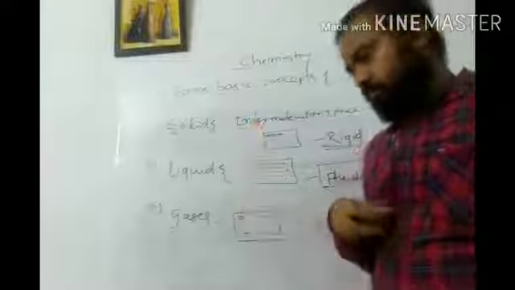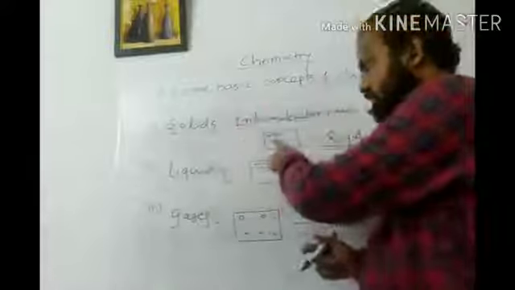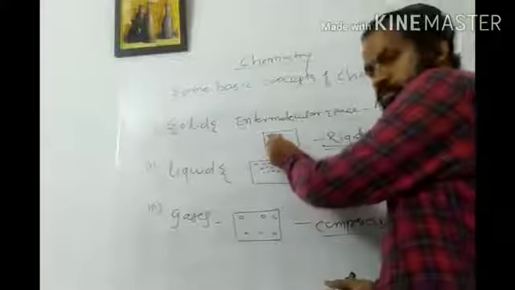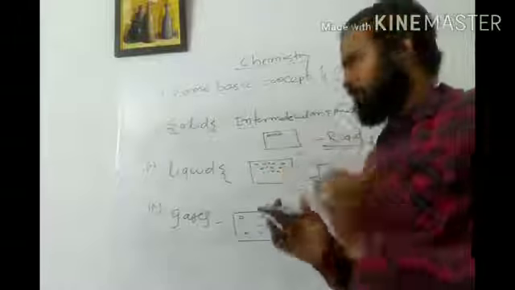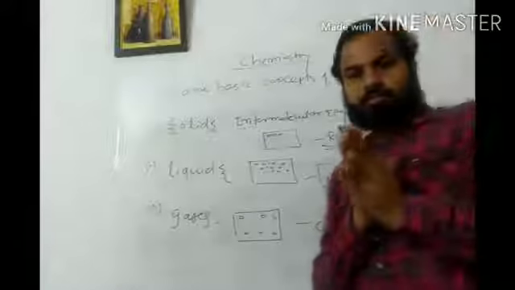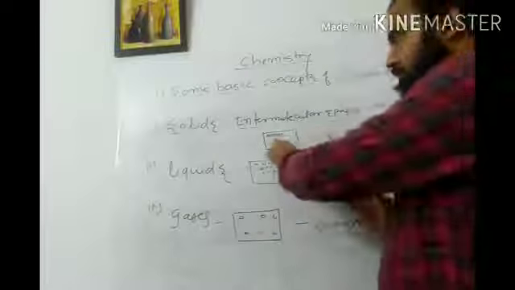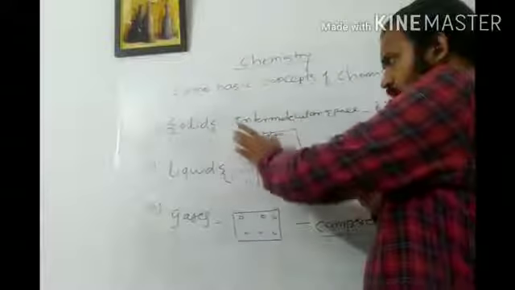When we discuss solids, atoms in solids are arranged like this. There is no intermolecular space between them, or very low intermolecular space. They are closely compact, hence the intermolecular force of attraction in solids is too high.